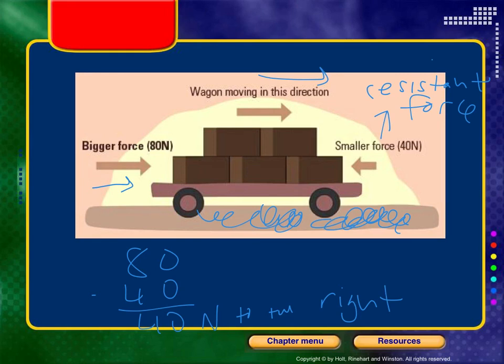Maybe it's windy, so there's wind blowing here, and that wind is resisting it. Maybe there is an incline. Maybe this is going up a ramp, so you're pushing against gravity a little bit there. It could be a lot of different things resisting this pushing force. Technically, this bigger force, when you're pushing something like that, is called the driving force.